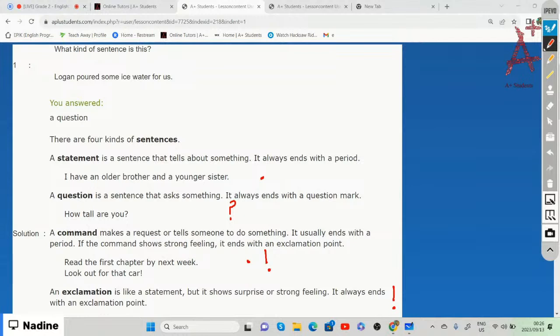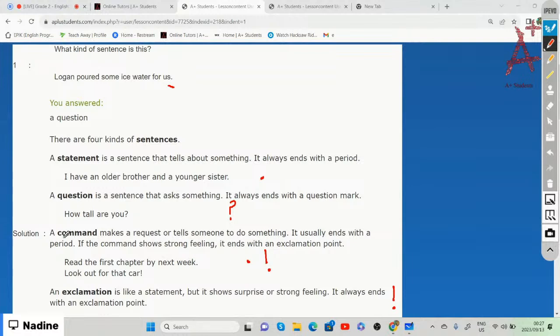So to make it a bit easier, if we look at our sentence, it says, Logan poured some ice water for us. And it ends with a period. So now we can look at the kinds of sentences that end with a period. Those are a statement and a command.